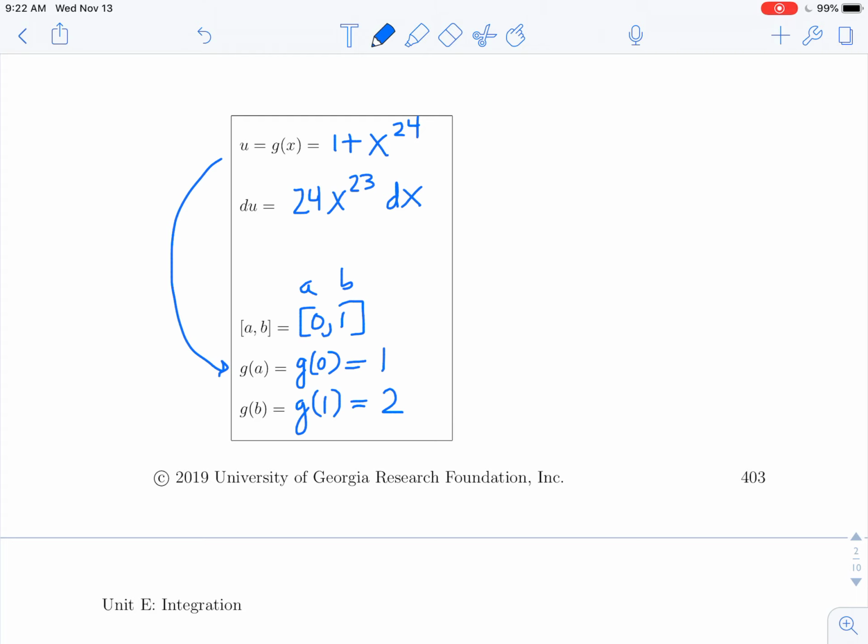And so this 1 is your new lower limit of integration, and the 2 is your new upper limit. So you use your old lower limit to get your new lower limit. You use your old upper limit to get your new upper limit. And now we're ready to do the substitution.